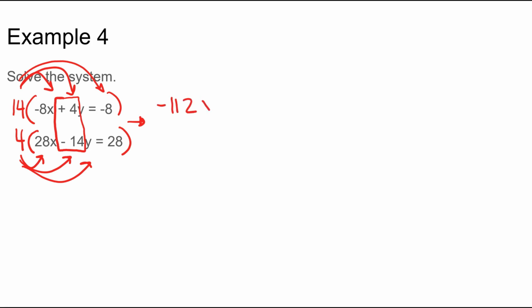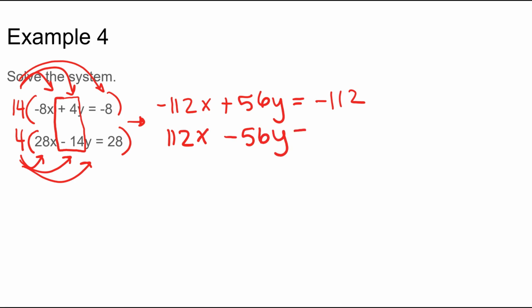We get -112x, 14 times 4 gives us +56y, and -8 times 14 gives us -112. 4 times 28 gives us 112. Oh, something interesting is going to happen. 4 times 14, we know that's going to give us a -56y.